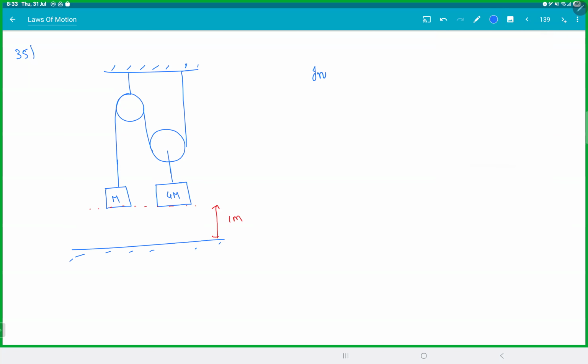Now, looking at the picture only, you can get a feel: both the blocks don't have the same acceleration. We don't know exactly what the value is, but I'm that much sure the acceleration is not the same for both. So initially blocks are released from rest.